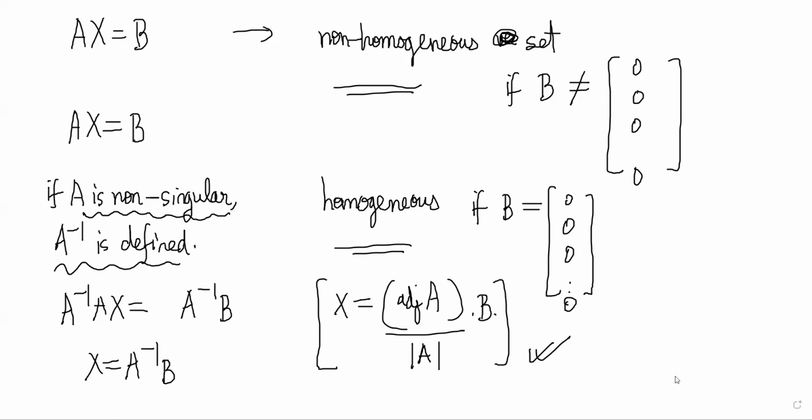Now, if we have a non-homogeneous system of equations, we will see the properties. So the first thing here is, if det of A is not equal to 0, then the system of equations is consistent and has a unique solution.